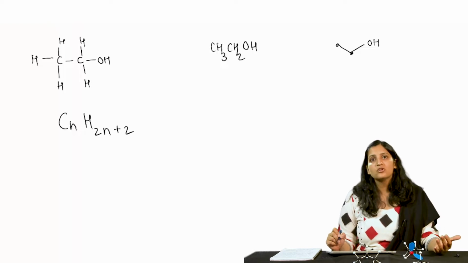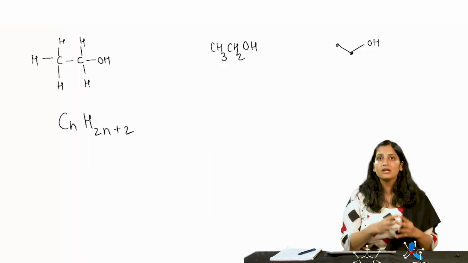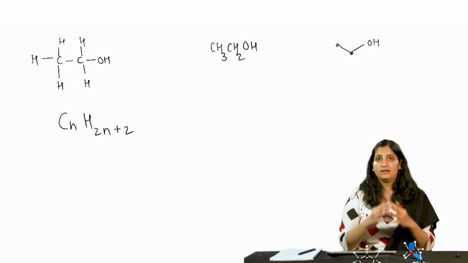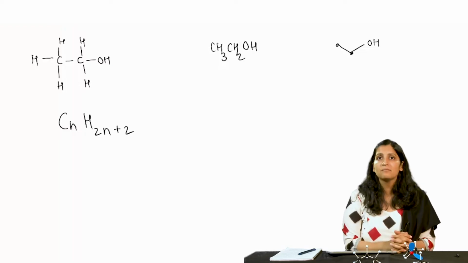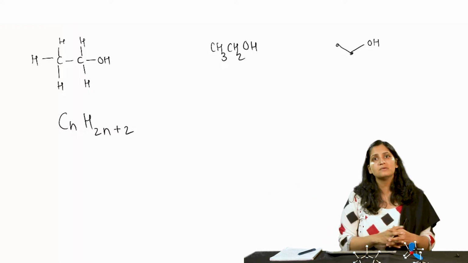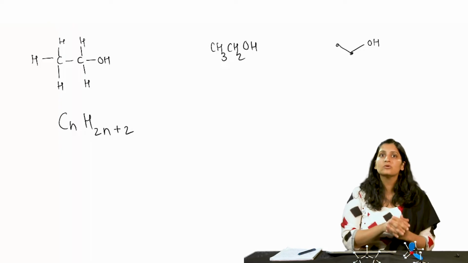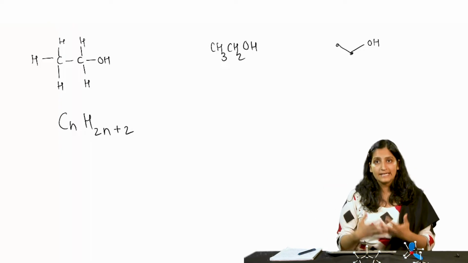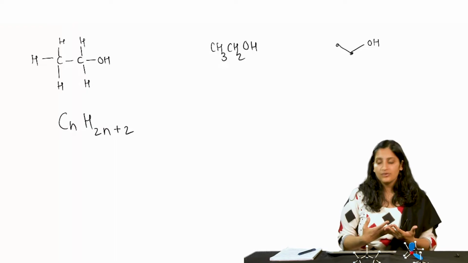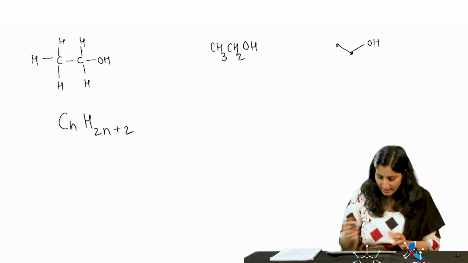In the last class we also looked at isomerism, which talked about having the same molecular formula but different structural formulas. So, we looked at butane and isobutane for example in the last class, and as you go on increasing the number of carbons, the number of possible constitutional isomers also goes on increasing tremendously. So, for example, here I have pentane.